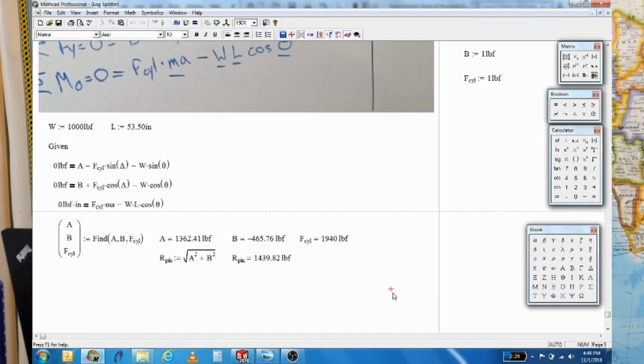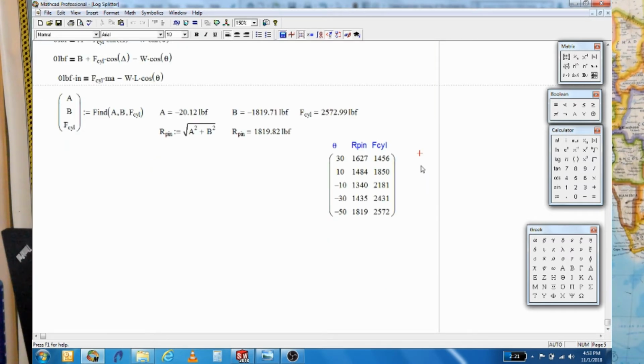So what this doesn't tell us is, is this the worst case? I don't know. It's something we're going to need to look at and look at a bunch of different angles. What I'm going to do is stop the video here and calculate that out and come up with a table in a worst case position here.